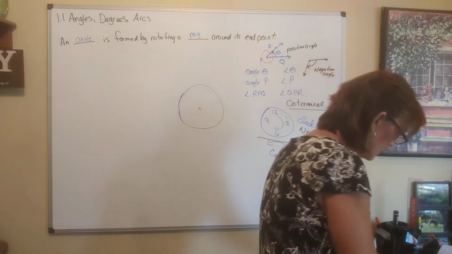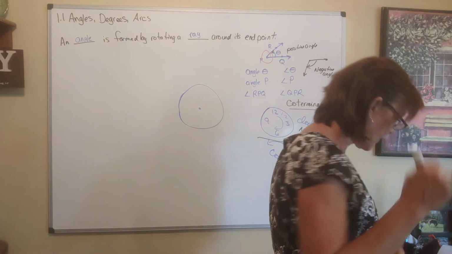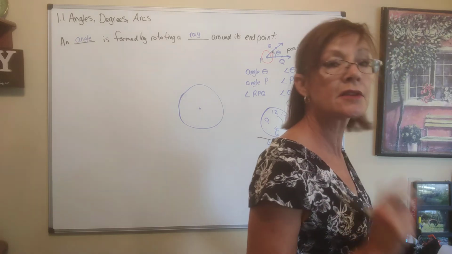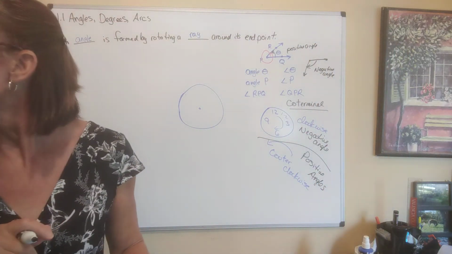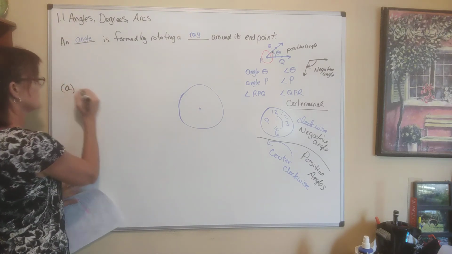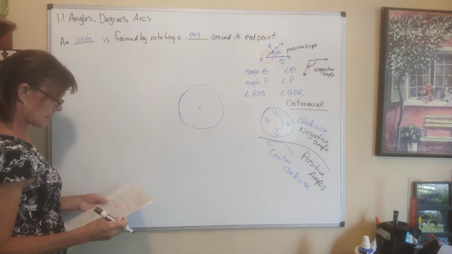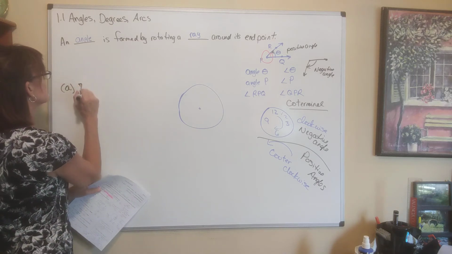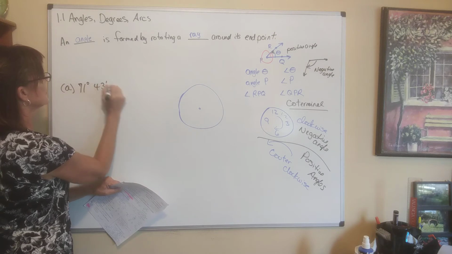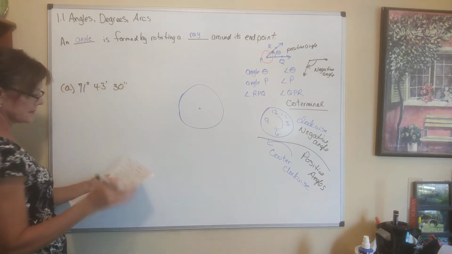Let's see. Well, convert to decimal degrees to 3 decimal places. So the first one we have is A, 71 degrees, 43 minutes, 30 seconds.